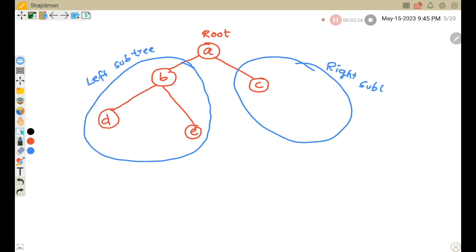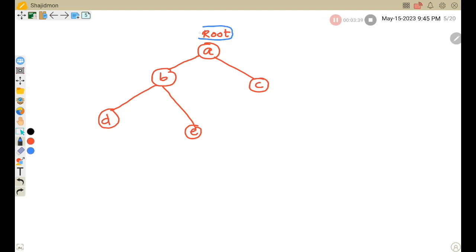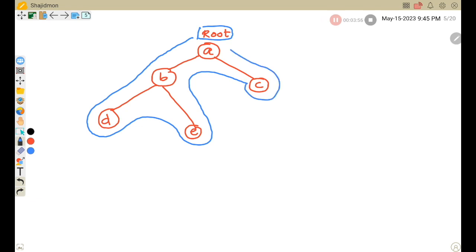So how to visit them? I will show an example of how to visit each vertex exactly once. This is the root vertex. I am starting from the root vertex, and the left subtree first, going left to right. First I visit B, then D, then E, then I go to C, then I stop.